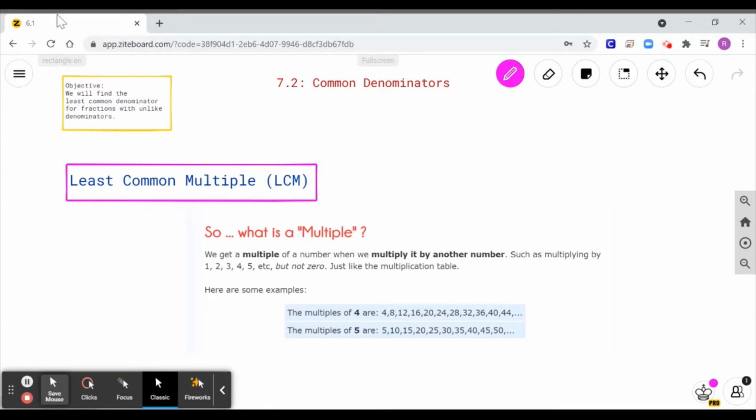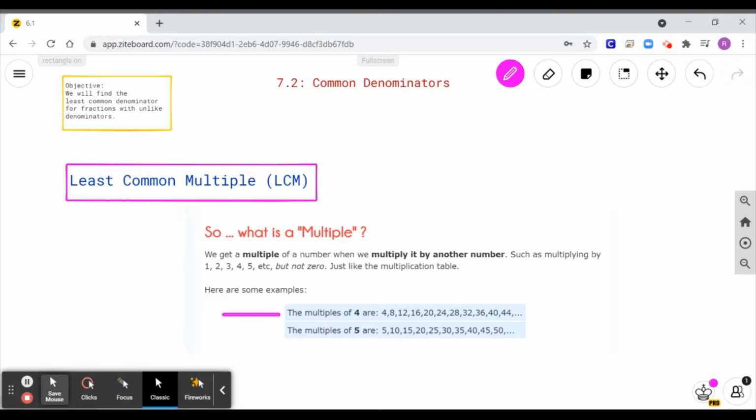So before we get into finding least common multiples, we need to discuss what a multiple is. We get a multiple of a number when we multiply it by another number. So we would multiply it by 1, 2, 3, 4, 5, etc., not 0, because whenever we multiply by 0, it just stays 0. So just like a multiplication table. So here are some examples down here.